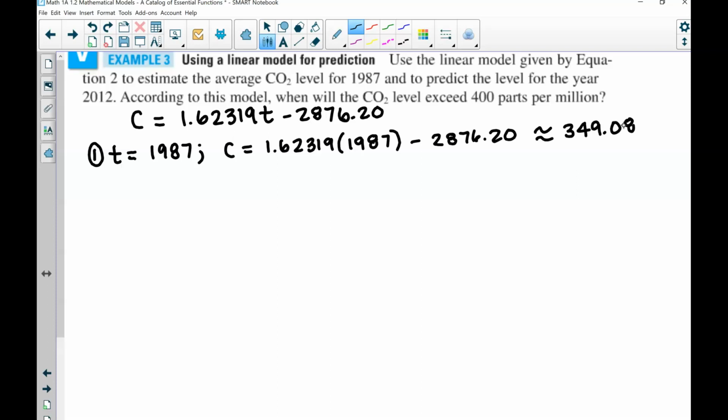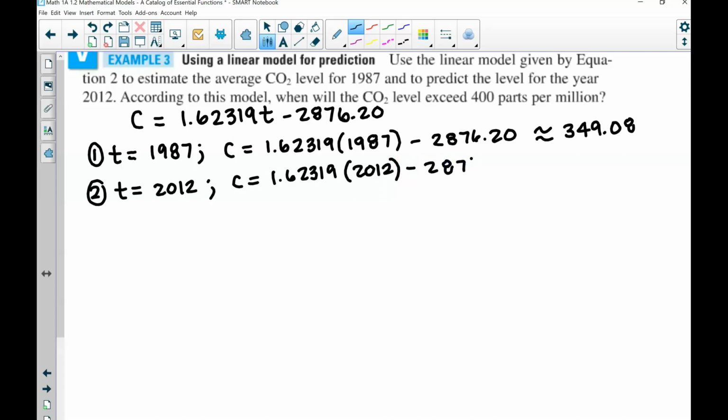Now, the second part wants us to estimate what it would be in 2012. From here, you can see that the value increases to 389.66.